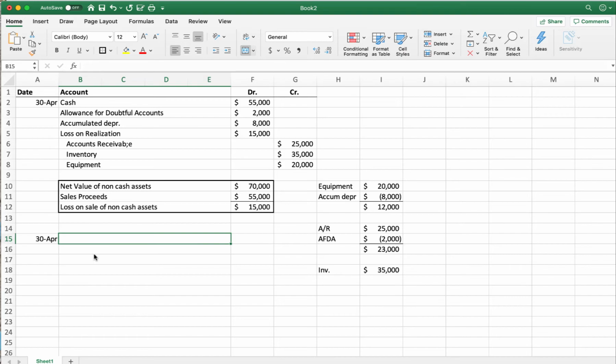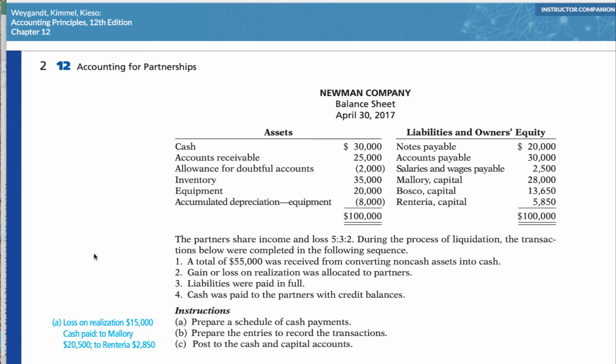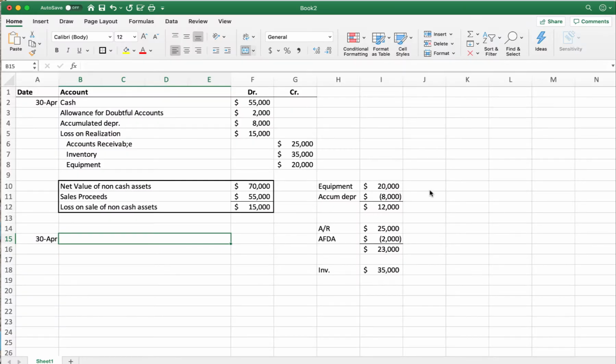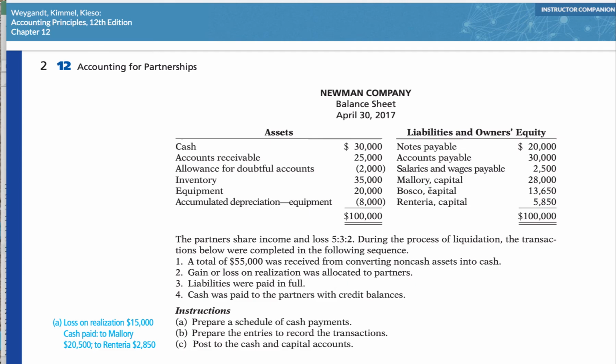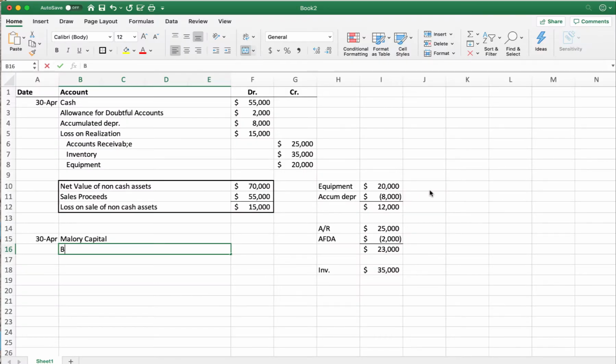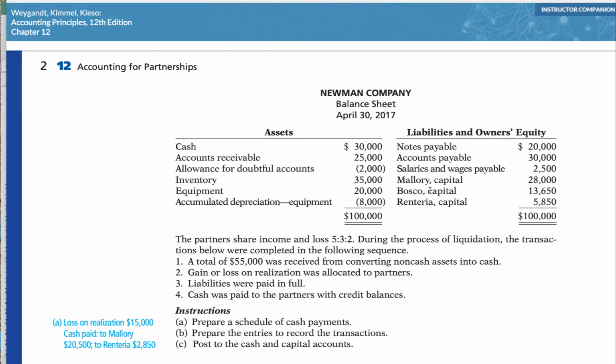So let's think about this, right? Who are our partners? Well, we have Mallory Capital, we have Bosco Capital, and we have Renteria.